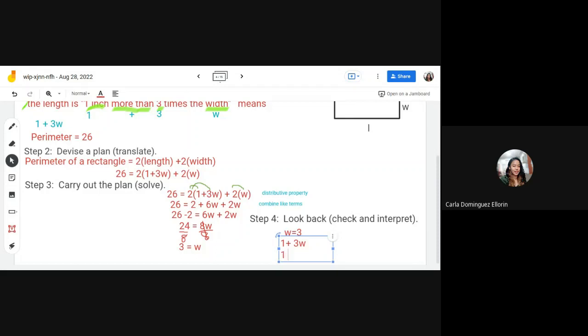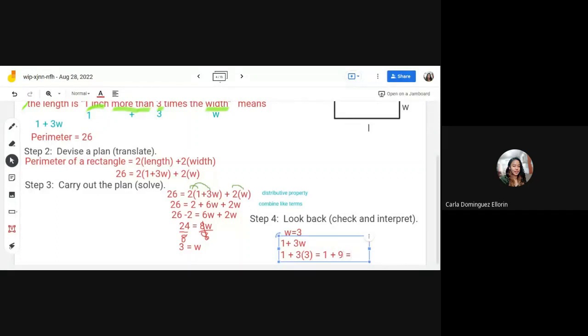So, we have 1 plus 3 times W. When they are written together like that, you just multiply. So, 1 plus 3 times 3, that is 9.